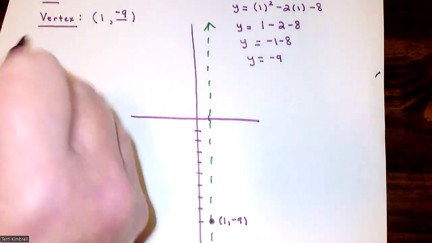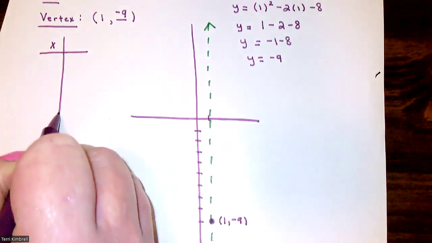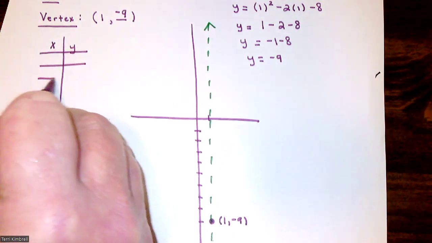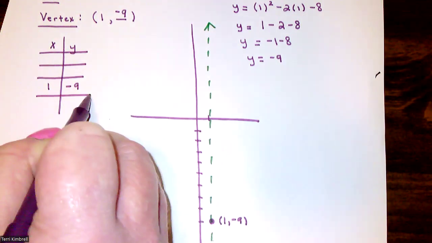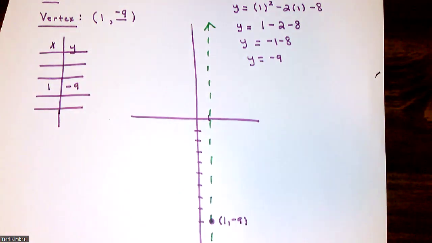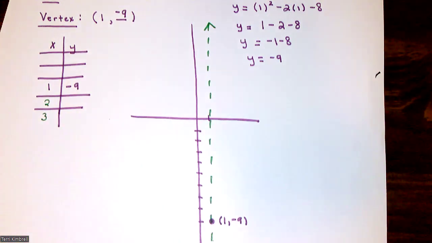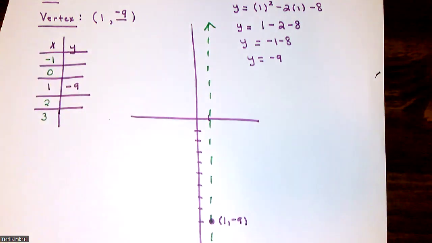So that means that you want to pick some points on each side of the vertex to get your graph. So I'm going to put the vertex in the middle of my T-chart, and I'm going to try to go in order with my x's. So this would be like a 2 and a 3, and this would be like a 0 and a -1.